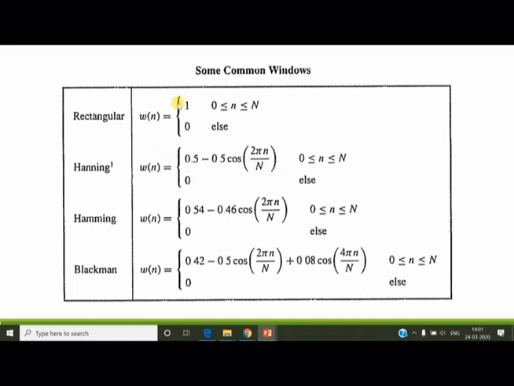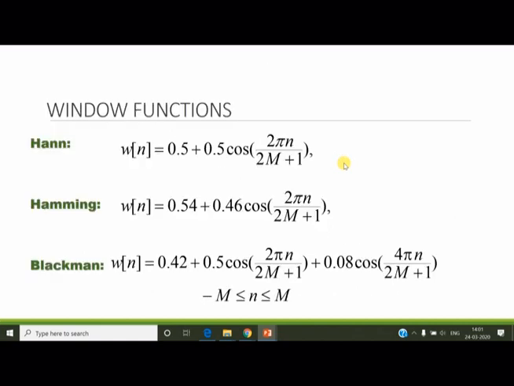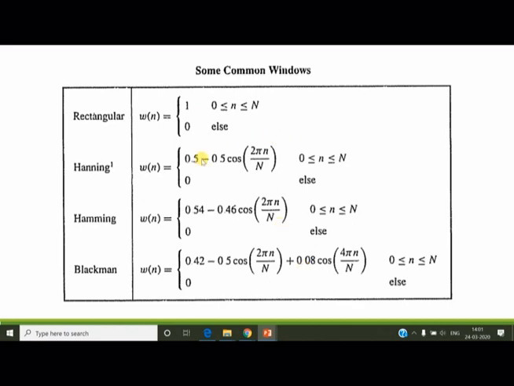These expressions are for small n ranging from 0 to N, the finite length, whereas this description is for minus M up to plus M, where the symmetry point is at 0. Accordingly, here there is a positive sign and here there is a negative sign.